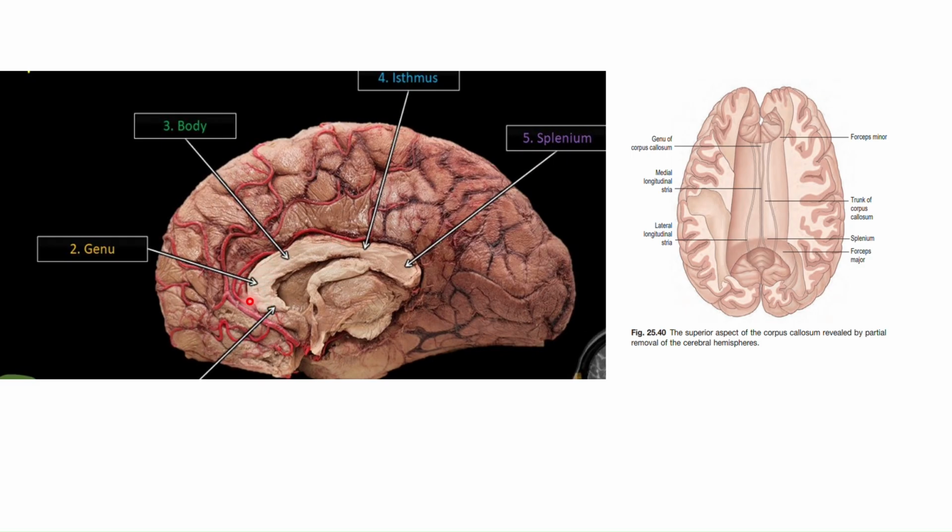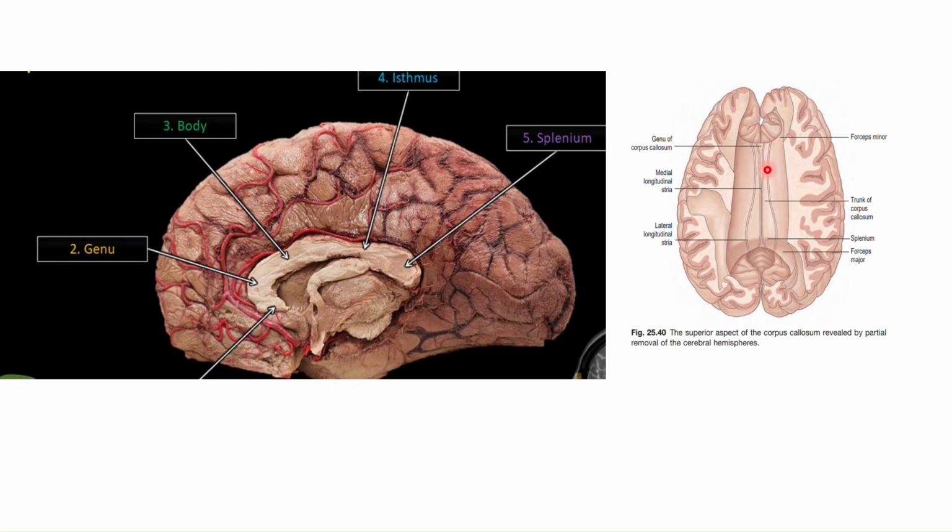When we look at the corpus callosum, above it there is the callosal sulcus, in which the anterior cerebral artery is lying, and if we examine it closely, there is a sheet of gray matter lying over the convex surface of the corpus callosum. If you see from above, this is the area of the corpus callosum, and this gray sheet is known as the indusium griseum, which is covering the convex surface of the corpus callosum.